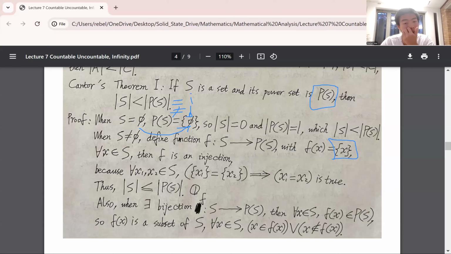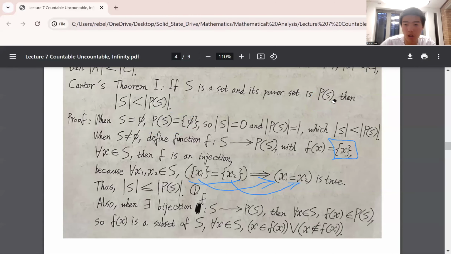This is absolutely an injection, because if the set versions are equal, this leads to the inner elements, and the two must be equal. So this is true. Because we can always find an injection, we say the cardinality of S is smaller than or equal to that of the power set of S.